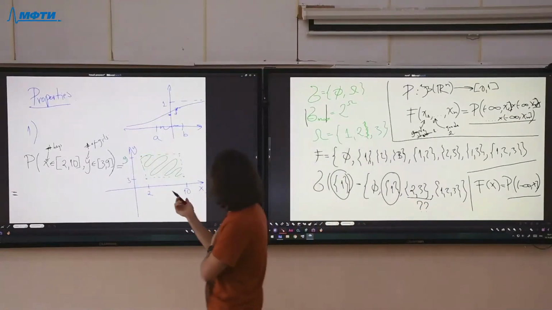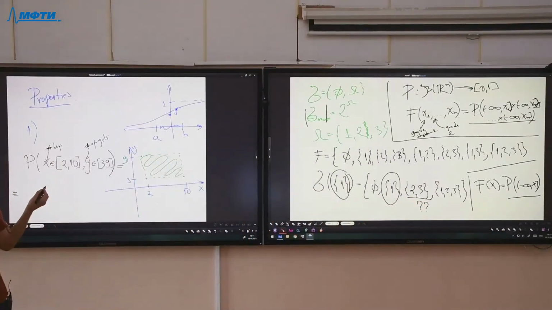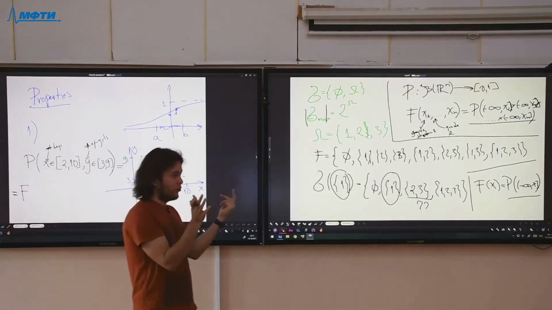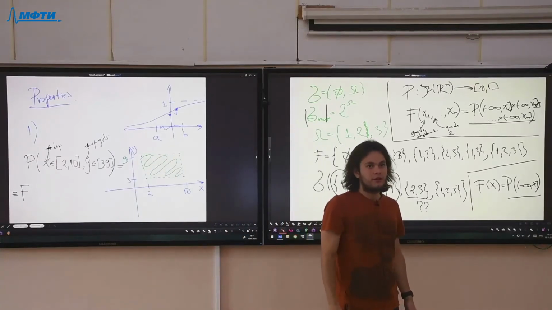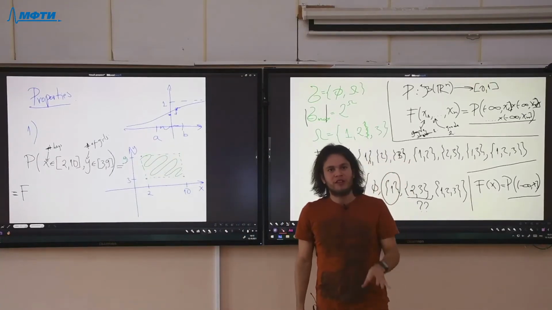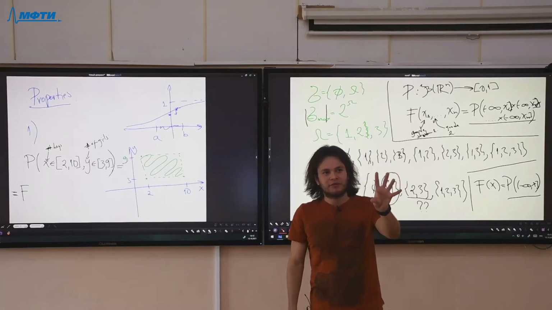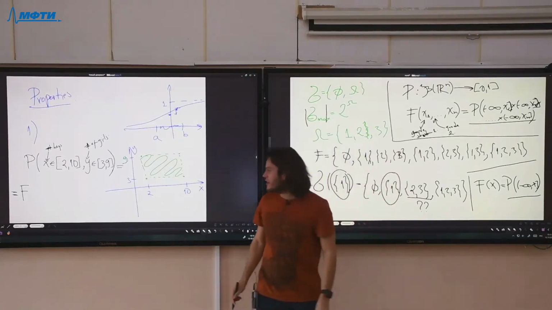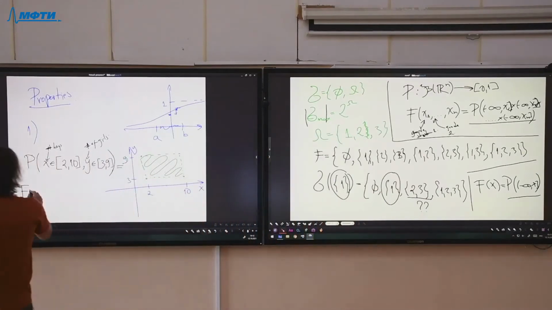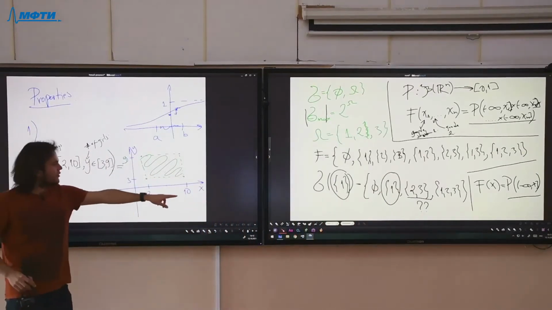So f of 2, 10? Or what do you mean? So look, we have here the probability of something and we have to calculate it using f, with the CDF. We don't need the integrals, right? Just f. F of 10 is not defined here, right? Because f depends on two variables.